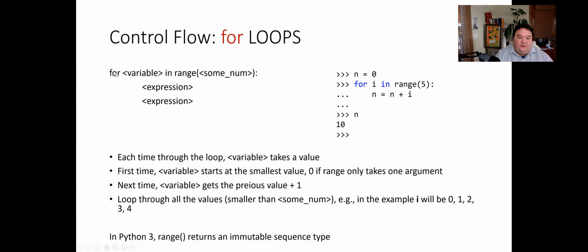So this is the form. Variable in range is a way to build the sequence on the fly. So if you say range 5 it is really going to do 1, 2, 3, 4, and so on. I'm sorry, 0, 1, 2, 3, and 4, as I express here.